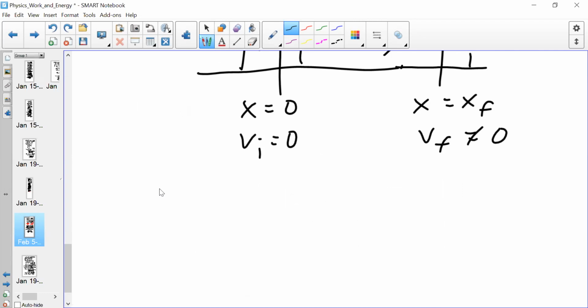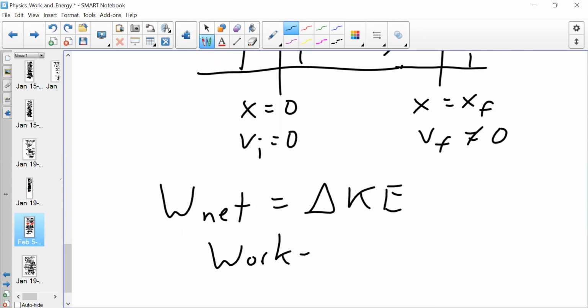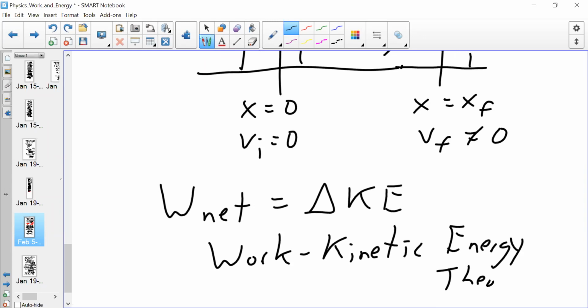Yes, work is equal to F net delta x cosine theta, but in terms of the speeds, net work is equal to a change in kinetic energy, which is called the work-kinetic energy theorem. All right, so leave that there.